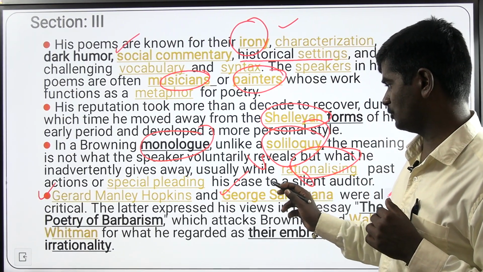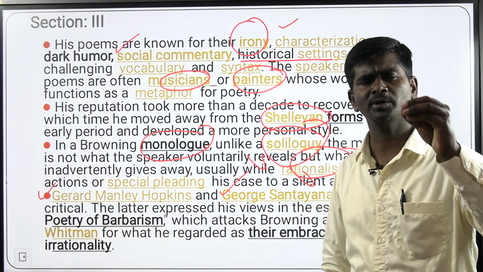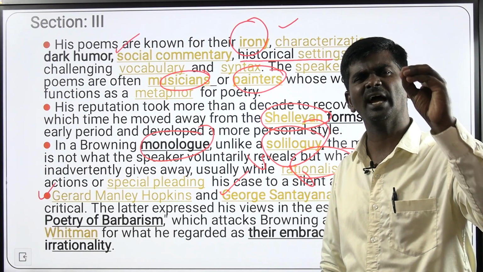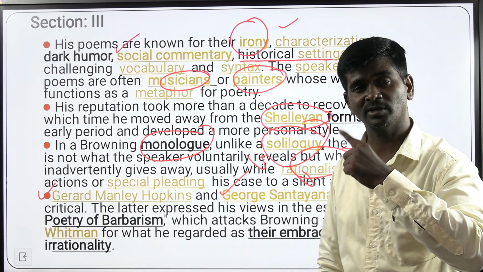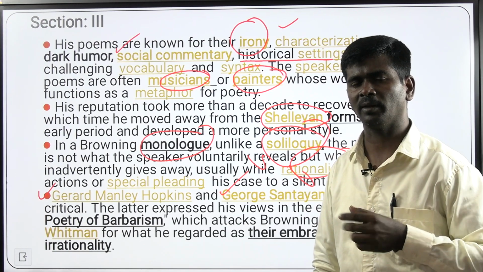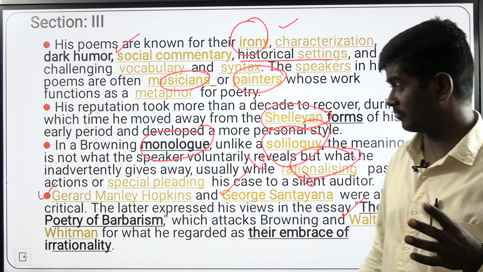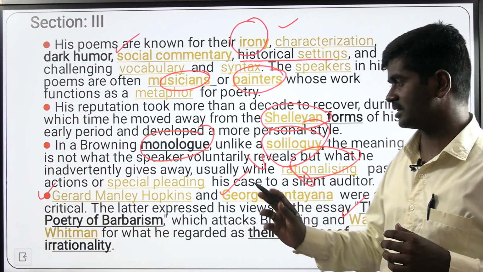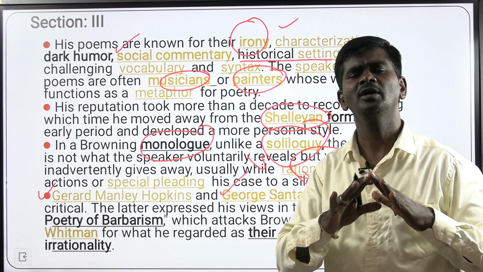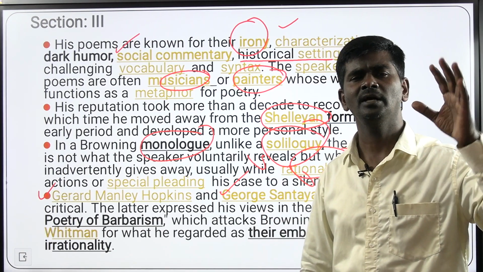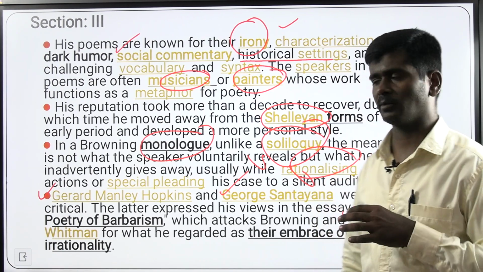George Santayana said, poetry of barbarism. You wrote a lot of poetry that is barbaric, uncivilized poetry. It's a statement made by George Santayana against Robert Browning. But this is countered by Walt Whitman, who said, their embrace of irrationality. This is the supporting statement made by Walt Whitman for Robert Browning.